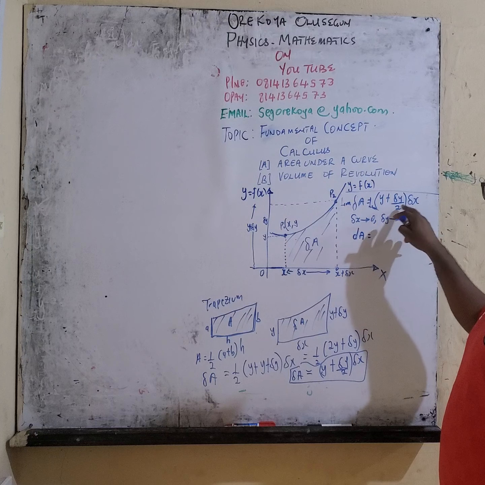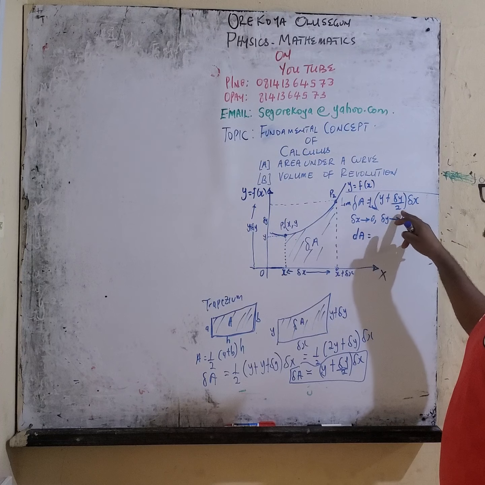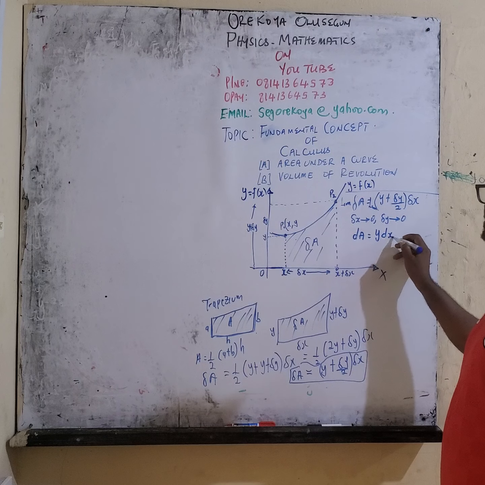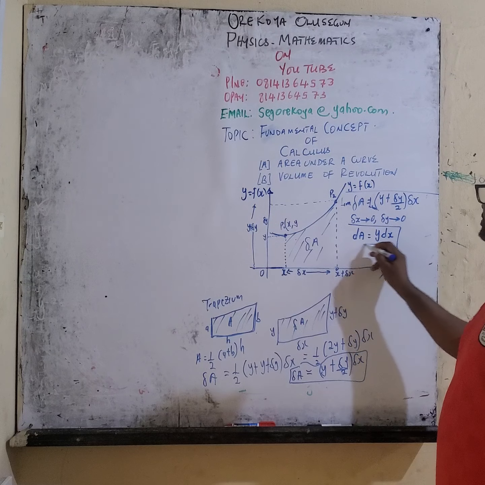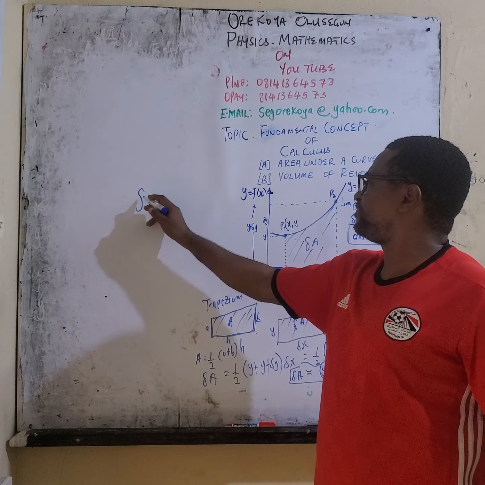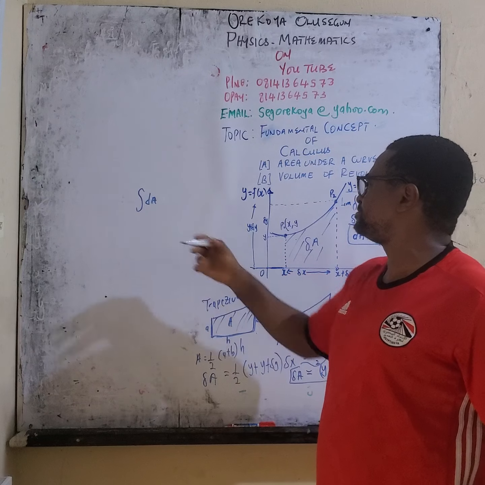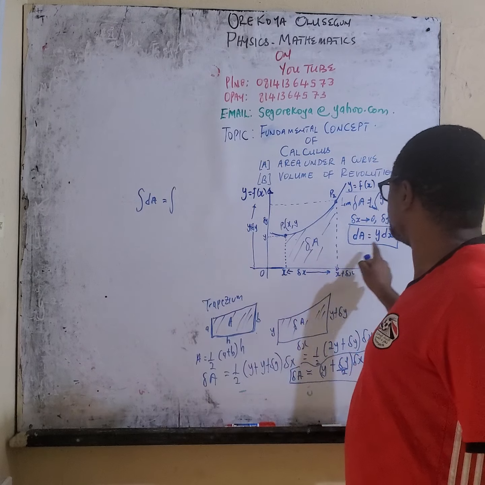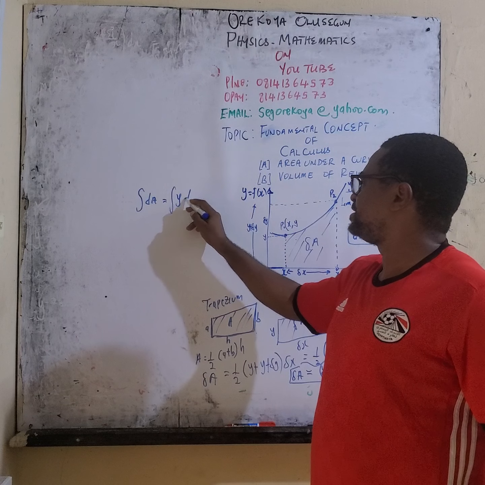And the limit of delta x will be the dx, and this one has turned to 0 because delta x tends to 0. So I have y dx. Now, integrating both sides with respect to x gives the integral of y dx.